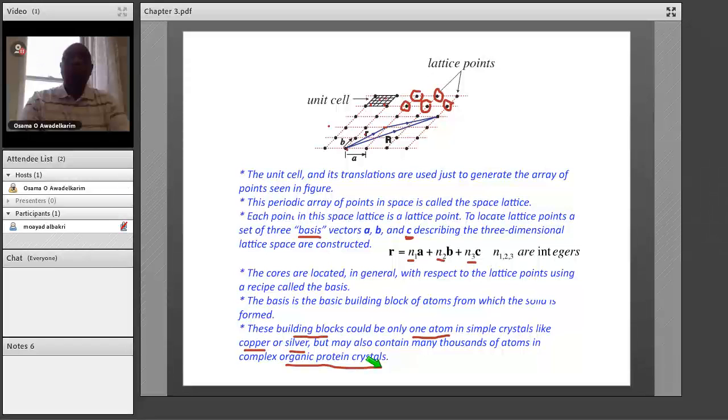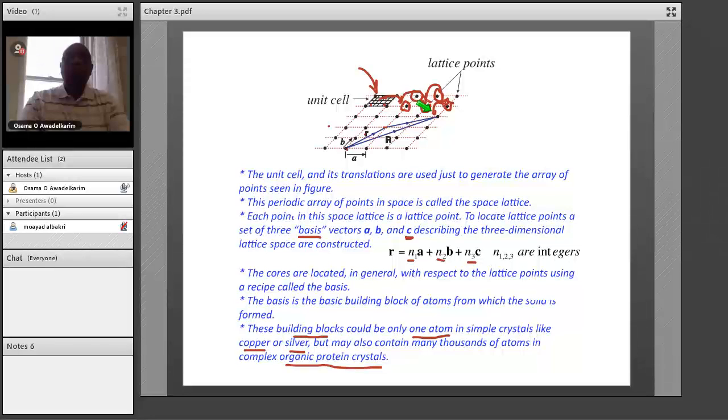Okay? So the basic fact is that the lattice in a space is created by this unit cell. So you translationally produce the lattice by moving this unit cell. So in other words, if we move this unit cell here, we have this point, and then if we move it translationally here, we get these points, and we move it translationally here and translationally here, and we create all the lattice space.